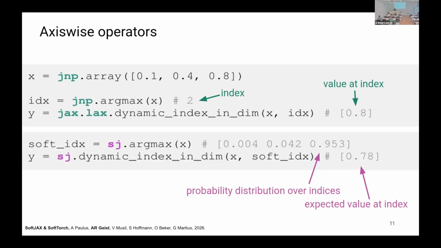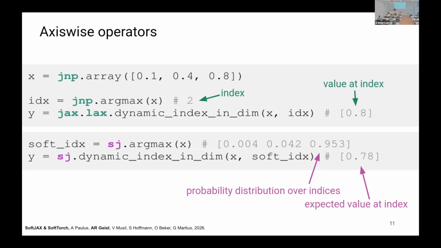With SoftJAX, it's a bit different. If you replace JAX NumPy argmax with SoftJAX argmax, you now compute a probability distribution over indices. The default mode of argmax is just the classical softmax function, which is maybe not too surprising.